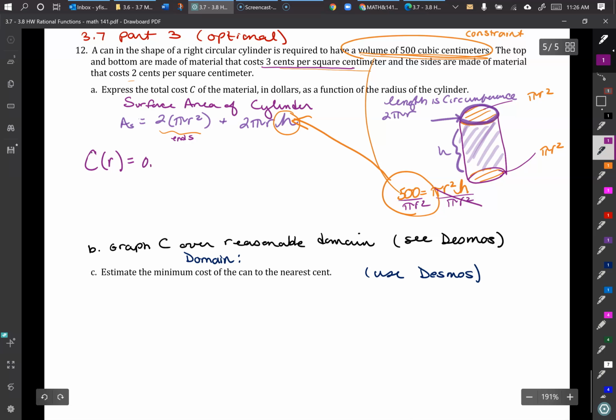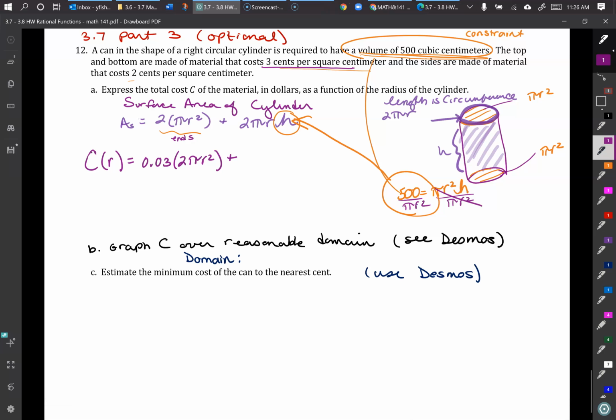So we're going to write 0.03 times the 2 pi r squared, and then 2 cents for our sides. So that's 0.02, and that'll be times our 2 pi r times height, which we're replacing with our 500 over pi r squared. So now we need to simplify that.